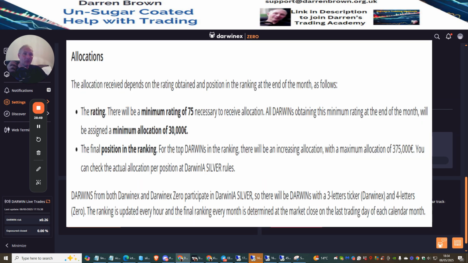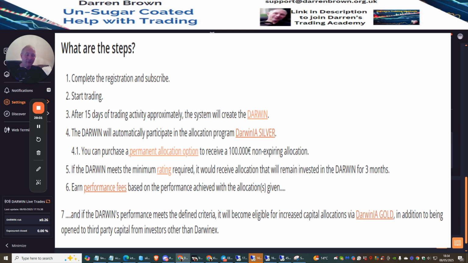But if you already have, or you buy a 100k lifetime allocation, this is completely separate from what you're allowed inside your Darwinex Zero. This is like an extra gift, if you like, where you can buy a 5%, 10%, 15% or 20% to pass, and then you get your lifetime allocation.